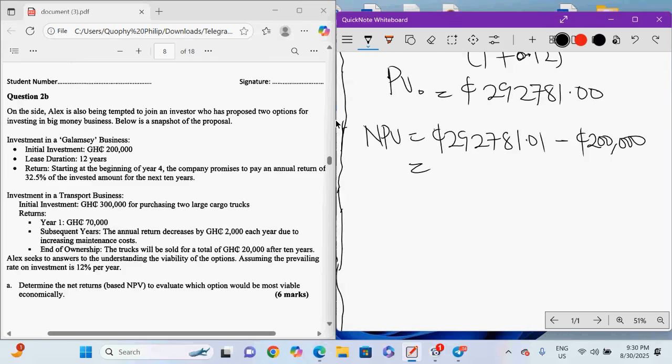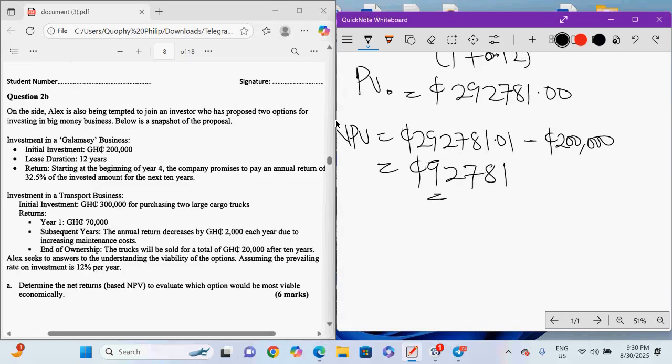So if you deduct 200,000 from this, what are you getting? That will be 92,781, right? That will be the NPV for the Soio business.